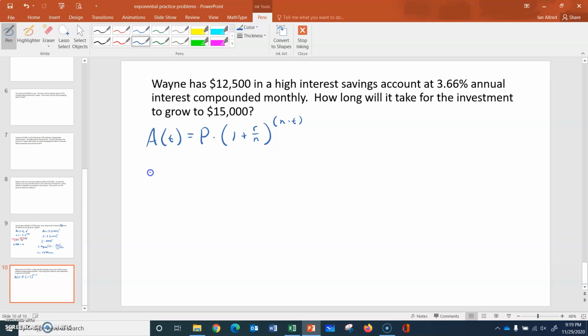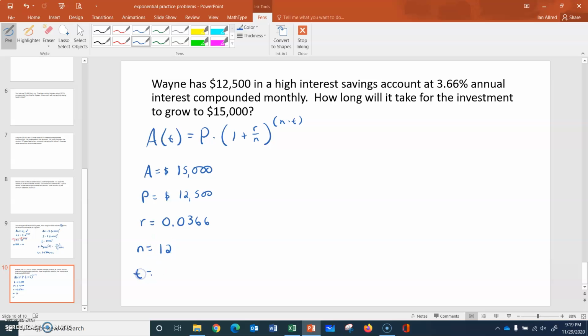So let's see what we've got here. We've got an ending amount of 15,000. That's how much we want to end with. We have a starting amount, 12,500. We have a rate of 3.66%, which will change to 0.0366. We have an n of monthly, so that's 12.